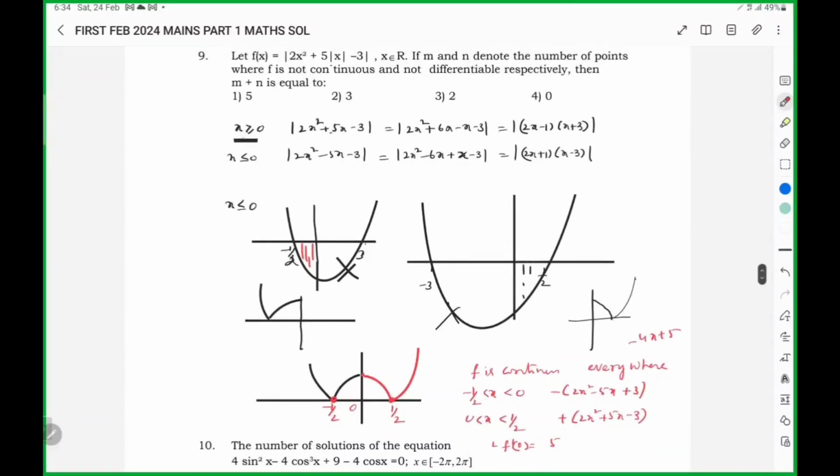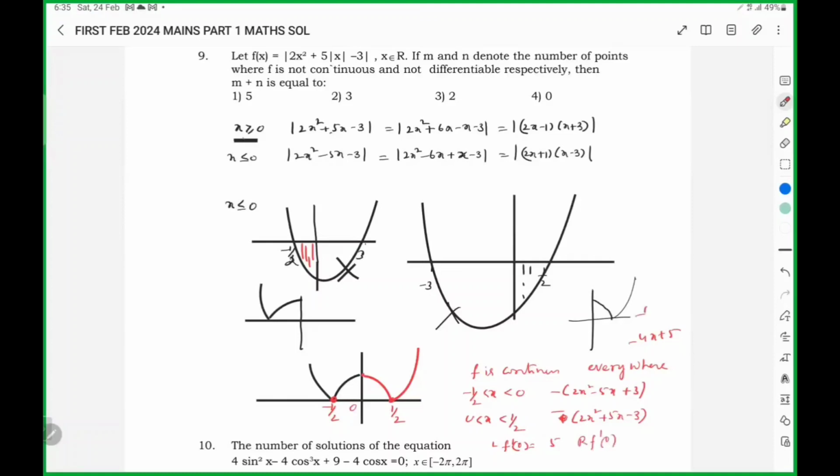Minus of 2x square for negative x is negative, minus 6, and this is negative. Here also it is 0 to half, negative. So we should write here minus right-hand derivative.